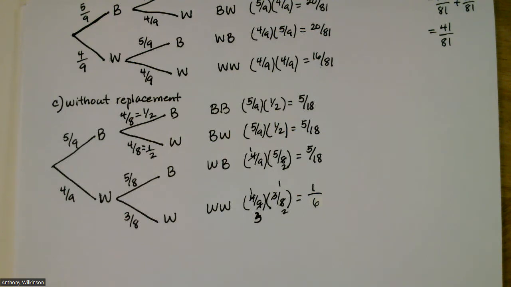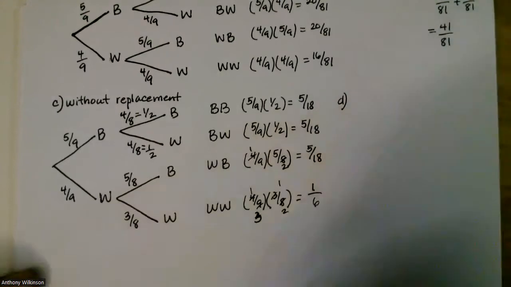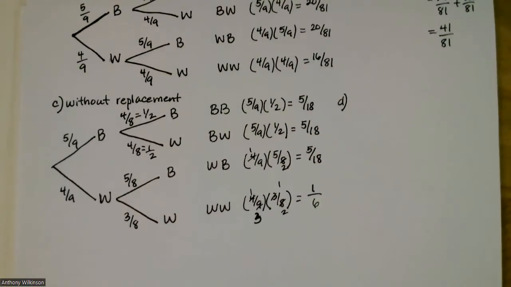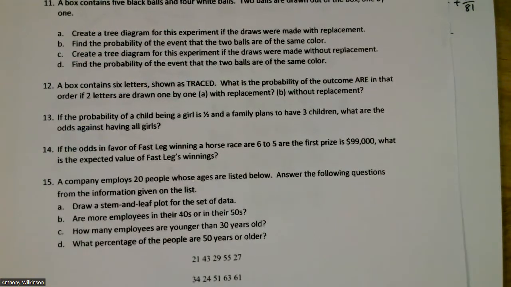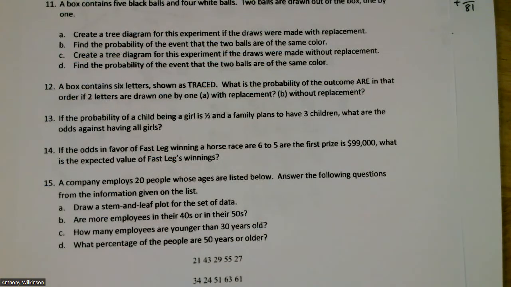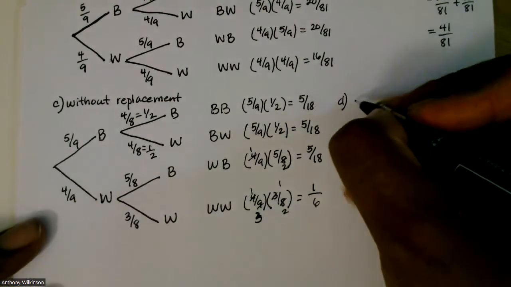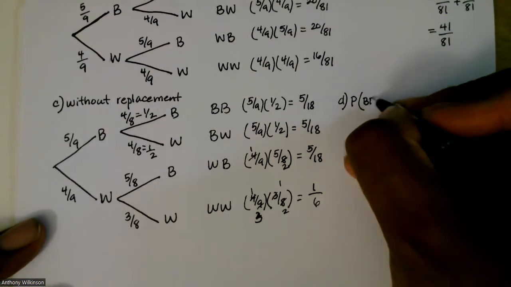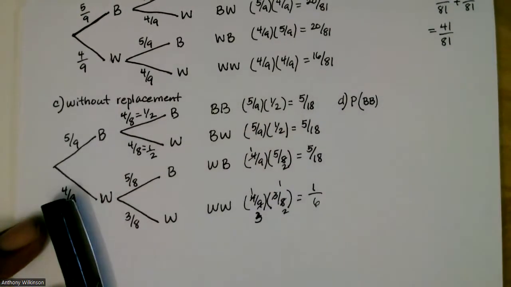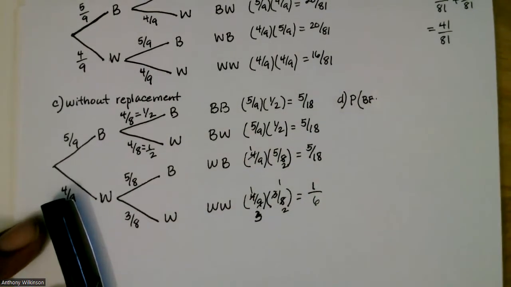Okay. So now we can answer part D. Part C was doing the tree diagram. Part D is to find the probability of the event that the two balls are of the same color. So in this case, I'll build up a black and a black, or a white and a white.